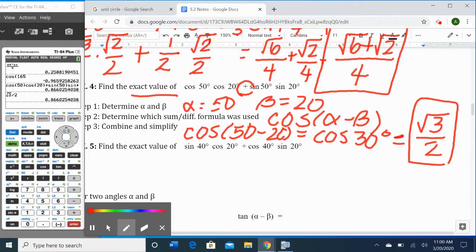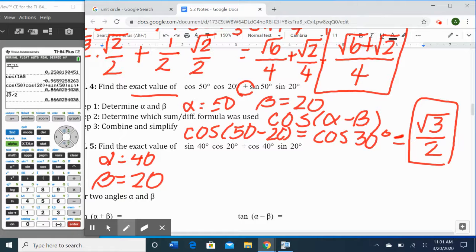So they say find the exact value of sine of 40 cosine 20 plus cosine 40 sine 20. So first of all, alpha is 40 and beta is 20. And second of all, they want to know which formula did they use. Well, the formulas that have sine and cosine together are the sine formulas.